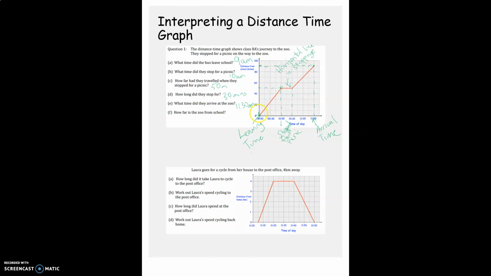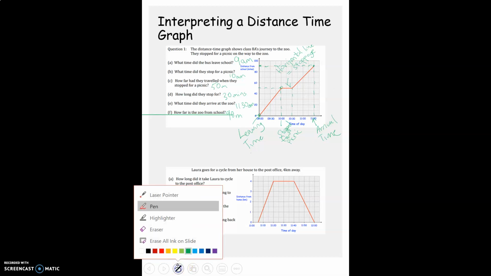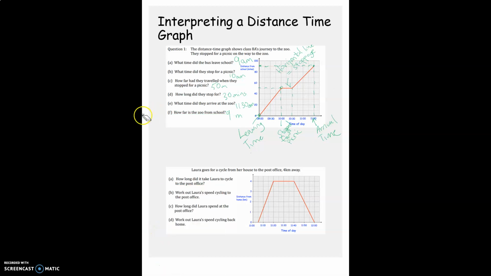Again, like we did in the previous question, we can count up from the bottom of our y-axis. So 10, 20, 30, 40, 50, 60, 70, 80, 90. So they are 90 miles. I'll just quickly rewrite that. So 90 miles.